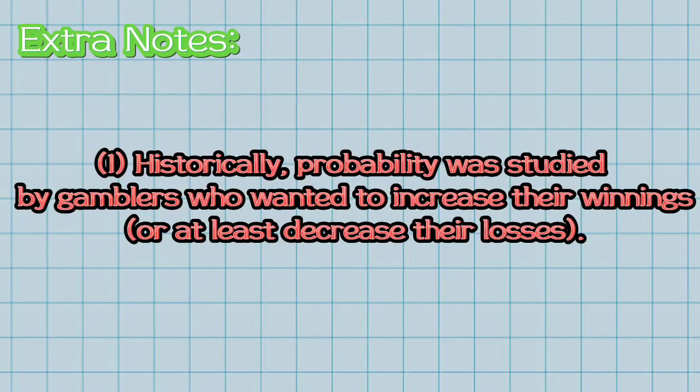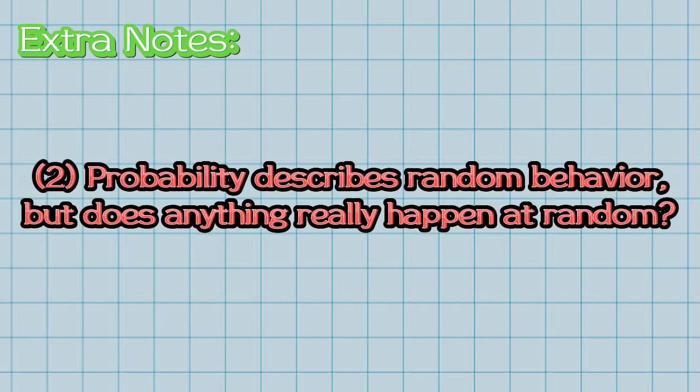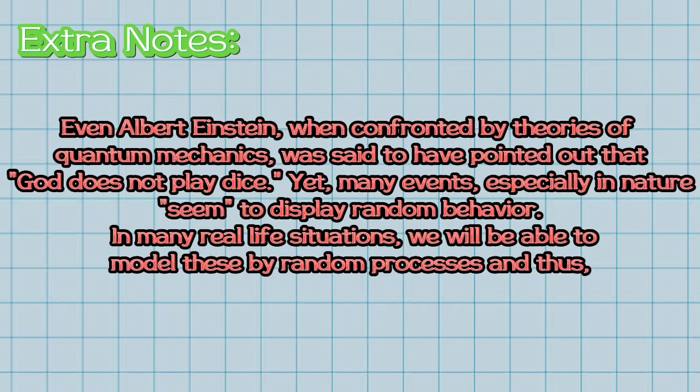Extra notes. Historically, probability was studied by gamblers who wanted to increase their winnings, or at least decrease their losses. Probability describes random behavior, but does anything really happen at random? Even Albert Einstein, when confronted by theories of quantum mechanics, was said to have pointed out that God does not play dice.